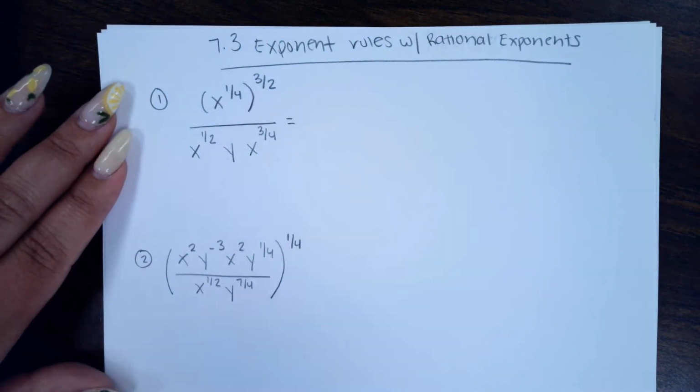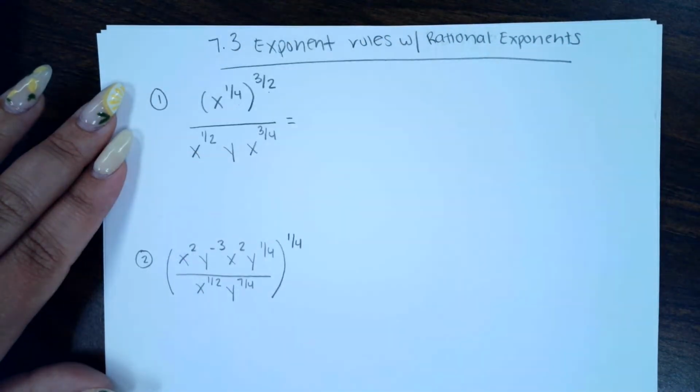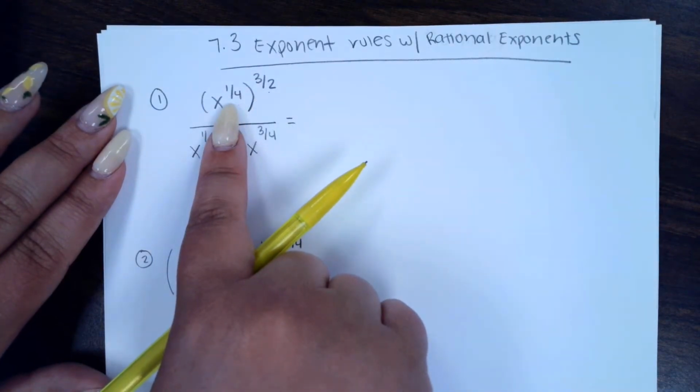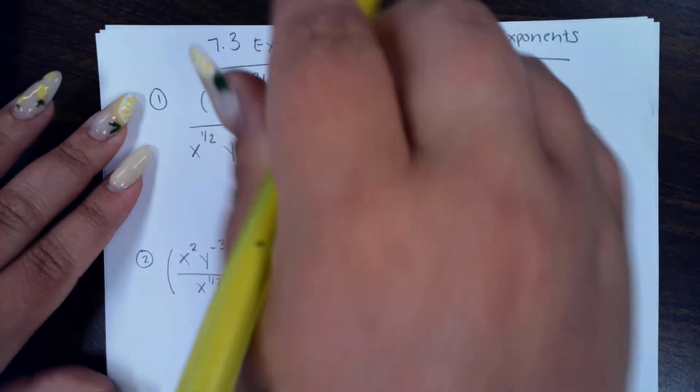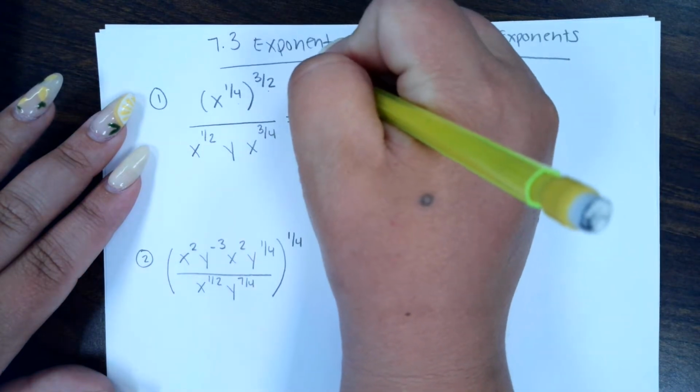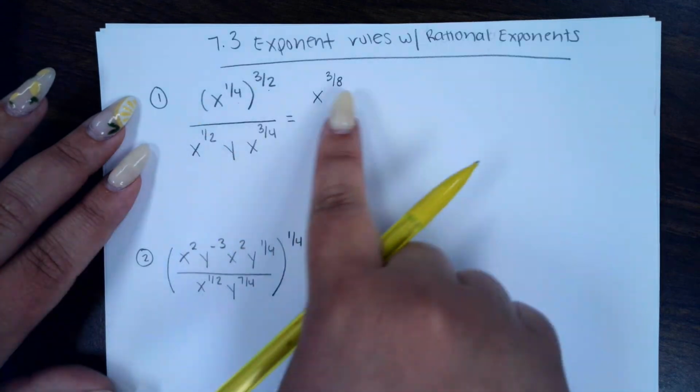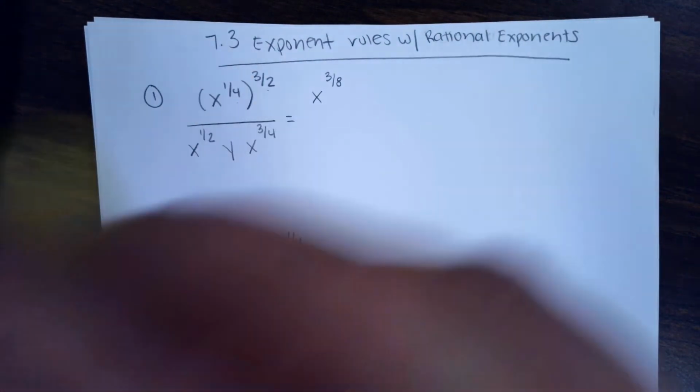Alright, so the first thing that I'm going to do, I have a power raised to a power. So these get multiplied together. If I multiply 1/4 by 3/2, that gives me 3/8. Again, if you can't do this in your head, use your calculator.